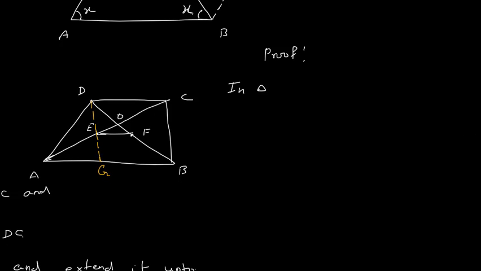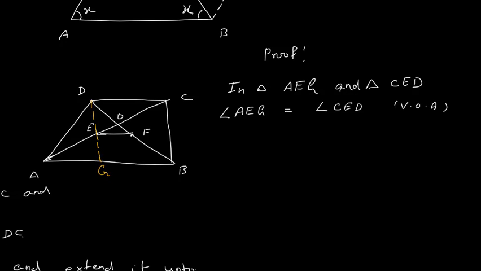Now in these two triangles, if you see, angle AEG is equal to angle CED. The reason is vertically opposite angles.